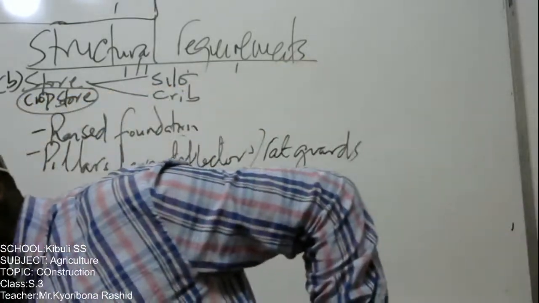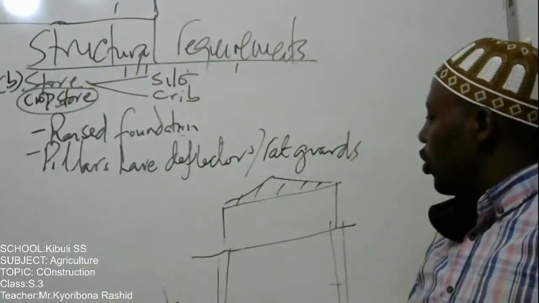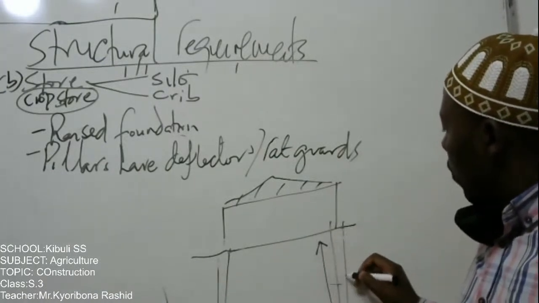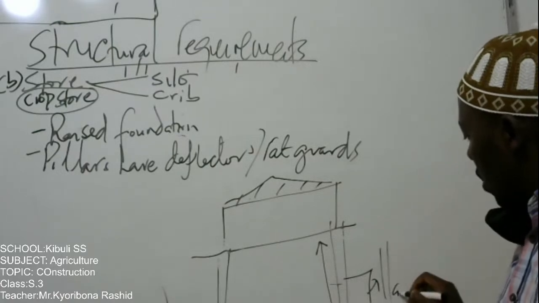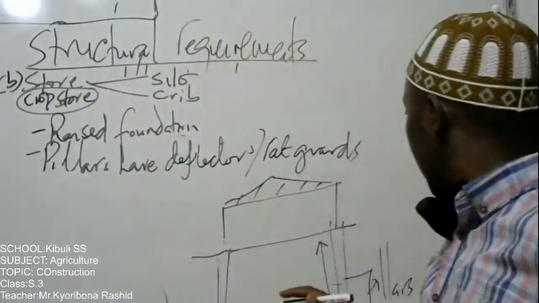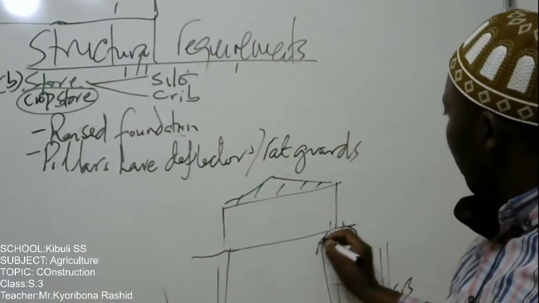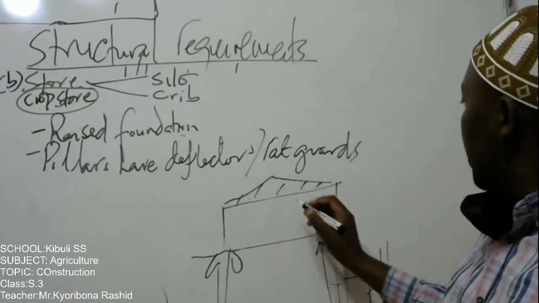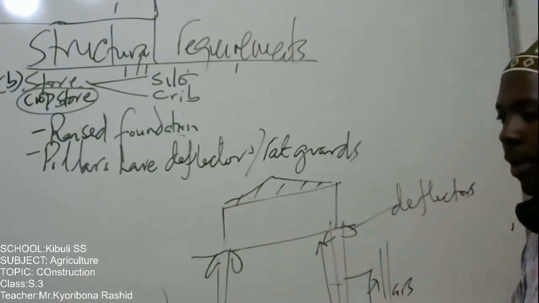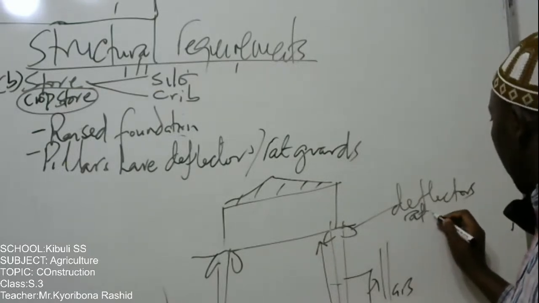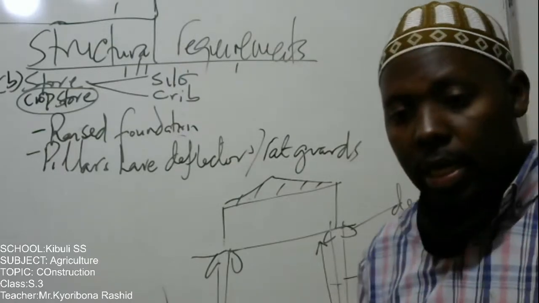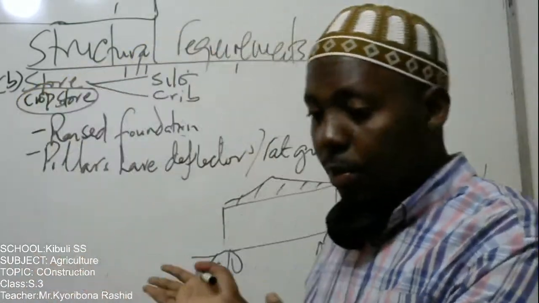Therefore, we should be in position to raise this building. It is raised. These are the pillars. So if the pillars are making it high, yes. But then they should be fitted with rat guards or deflectors. Why? Rat guards, to guard against rodents. That is why they should be there.